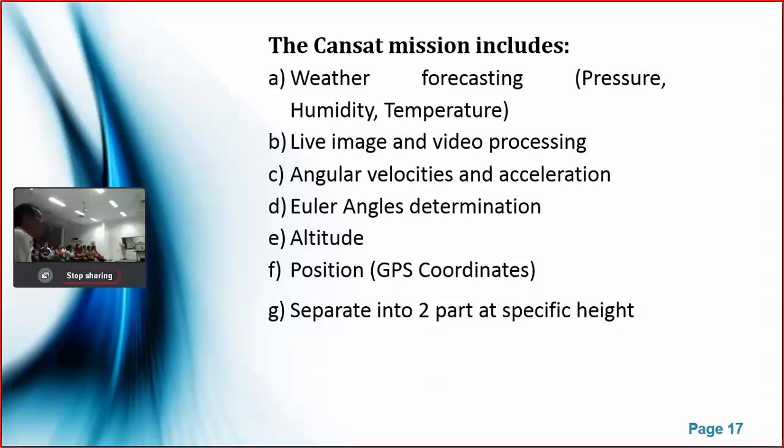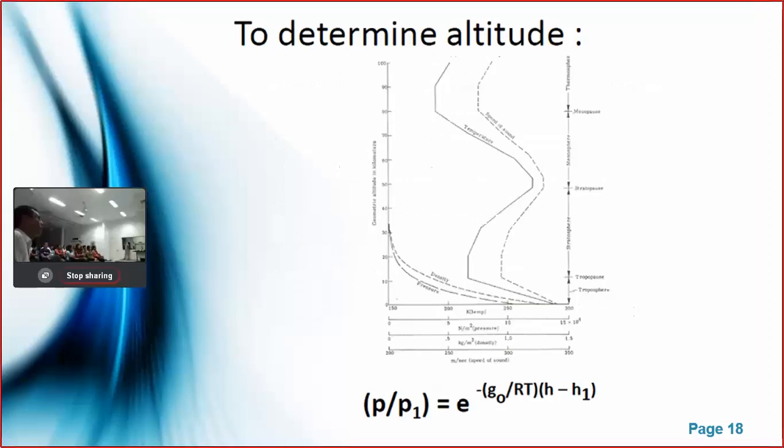To determine the value of the altitude that the CANSAT is in, we have a variety of solutions. We can use the aerodynamic formula that height is a function of the pressure and temperature, which is shown here. The pressure over the standard pressure equals the exponential of the negative of the gravity over the universal gas constant multiplied by the temperature in Kelvin and the difference in the height.